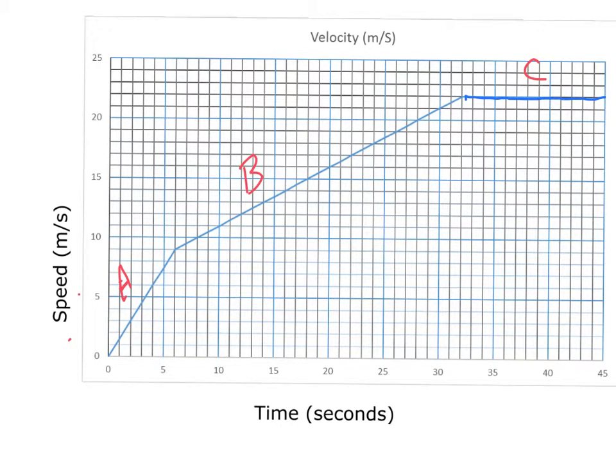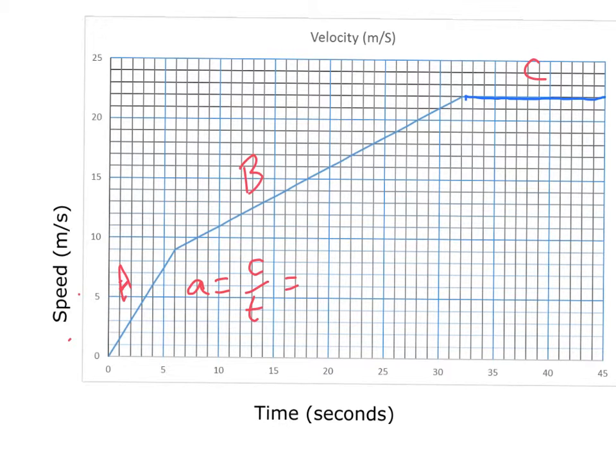Now let's have a look at section A. Now you can see in 6 seconds it's traveled 9 meters. 6, 7, 8, 9 meters. So you can actually work out the acceleration for this section by using the formula that you already know. So A equals the change in speed divided by the time taken.